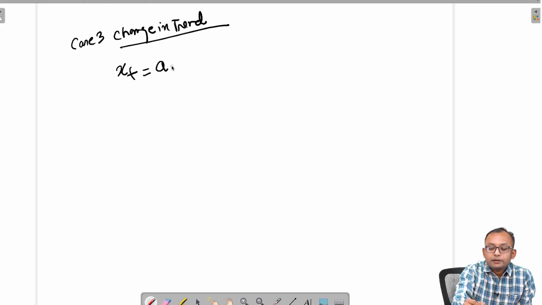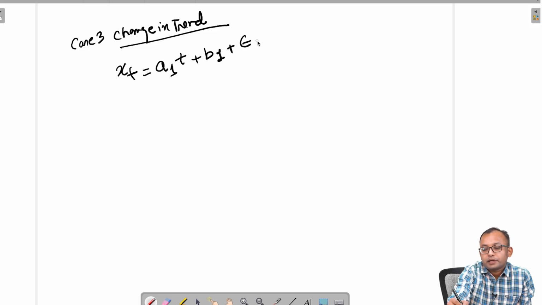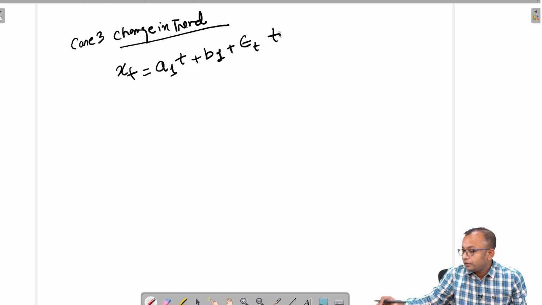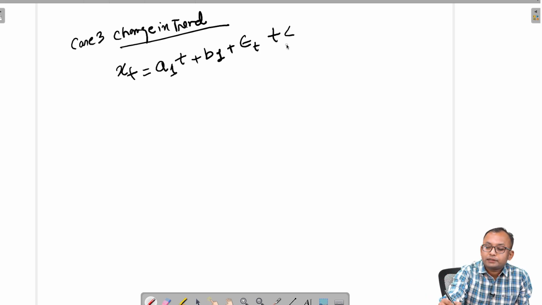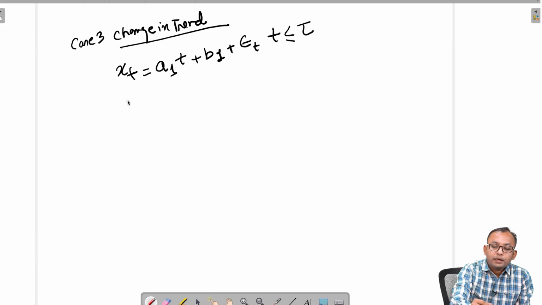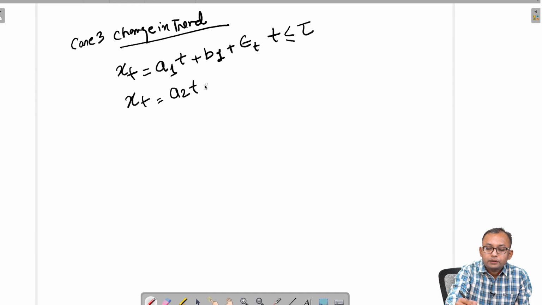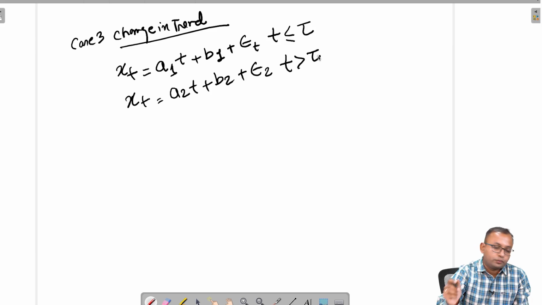So, the first part of the time series has this equation: a1 t plus b1 plus epsilon 1, which is an error term, and this condition is valid for t less than or equal to tau. There is another condition with another equation, a2 t plus b2 plus epsilon 2, for t greater than tau.